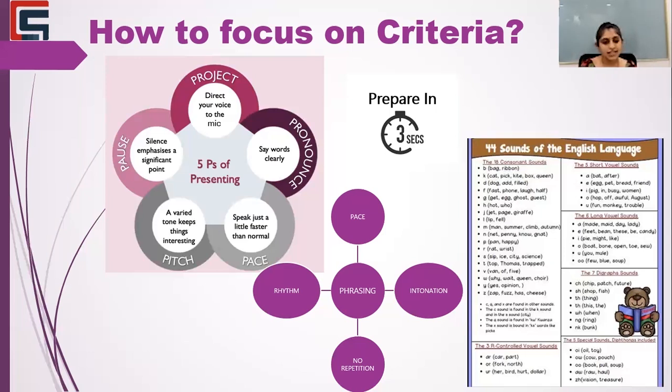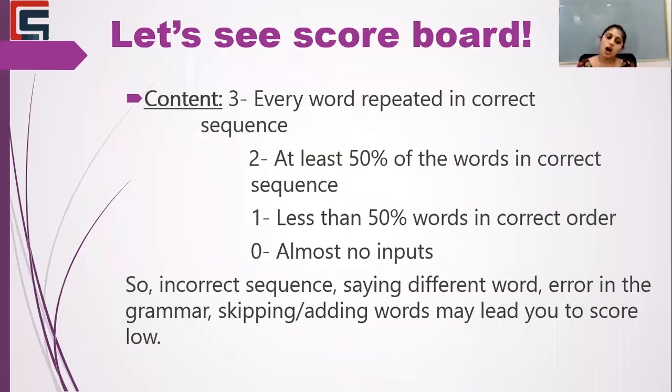Moving ahead with the next slide, we have how this task is being scored. Yes, as I said, there are mainly three criteria. Talking about content, once you speak the sentence, if you are repeating any word again and again, there are chances you may lose your points.